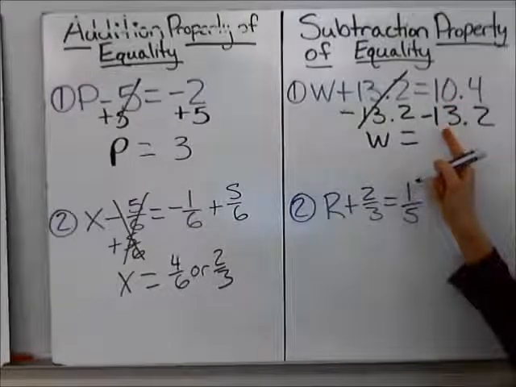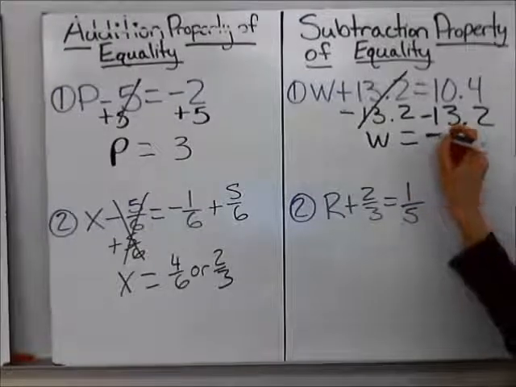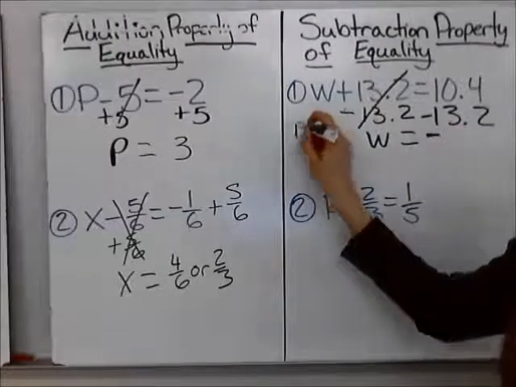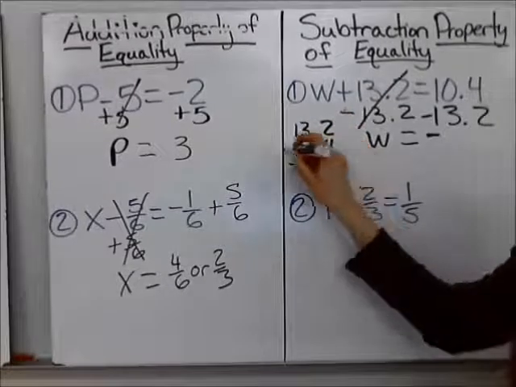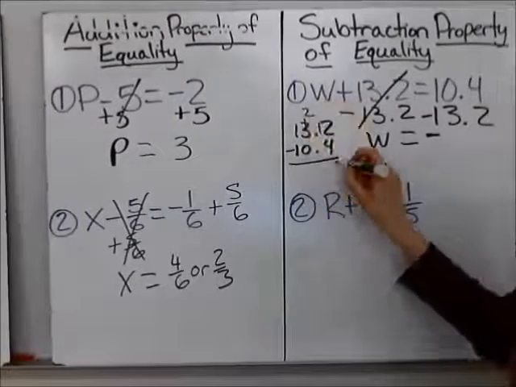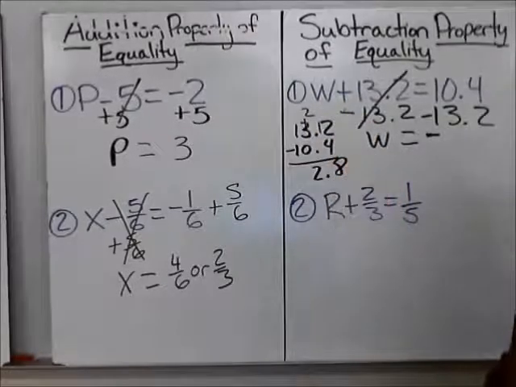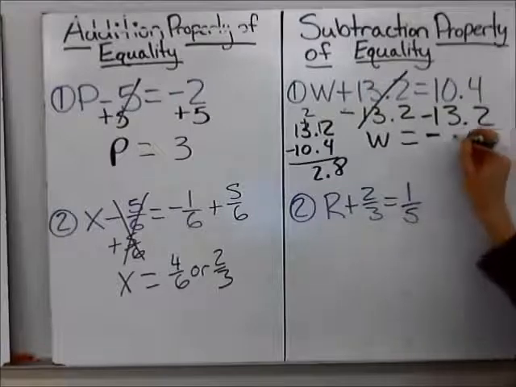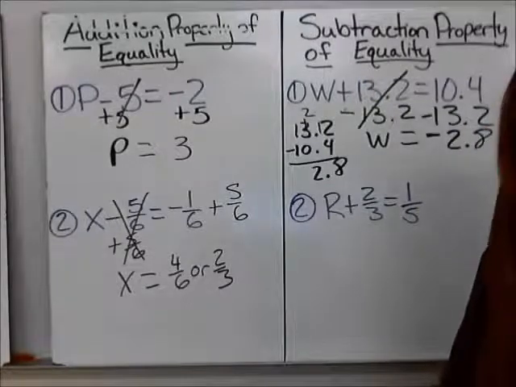So -13 has a greater absolute value, is further from 0, so I know it's a negative. And then 13.2 minus 10.4 is going to give me 2 and 8/10. So a -2 and 8/10.